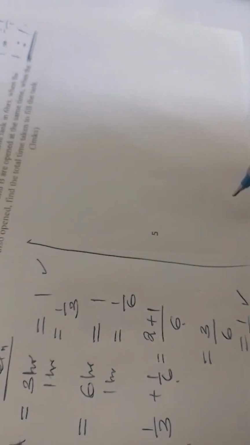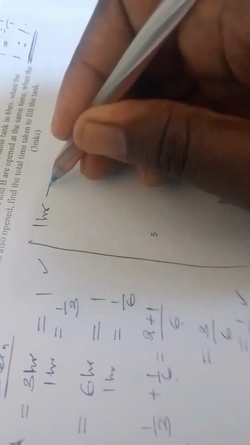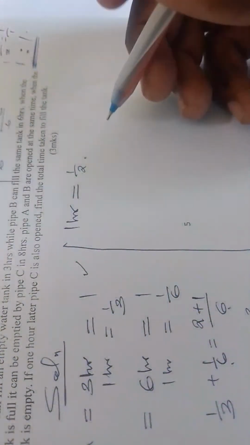It means that after 1 hour, the two taps will have filled 1 over 2. After 1 hour, the two taps will fill the tank a half.